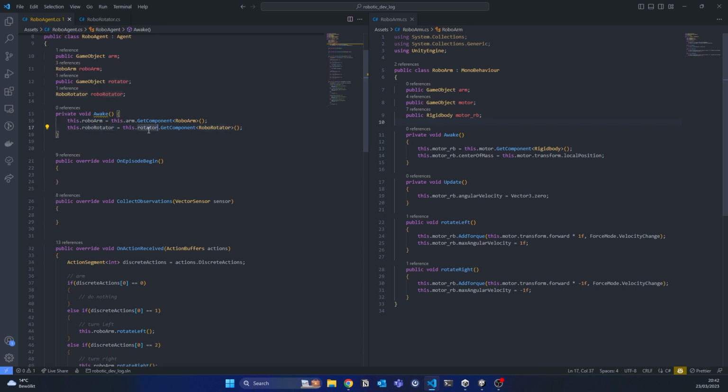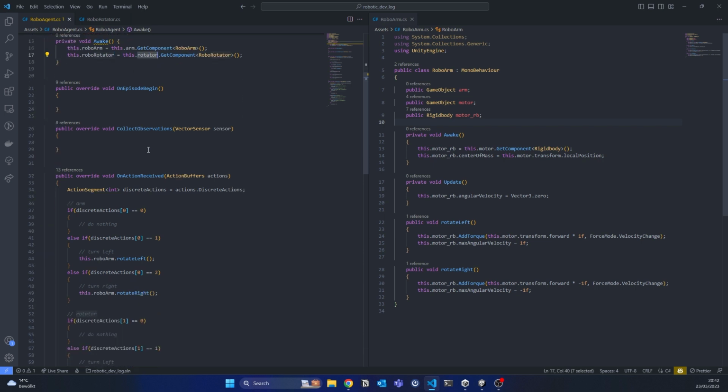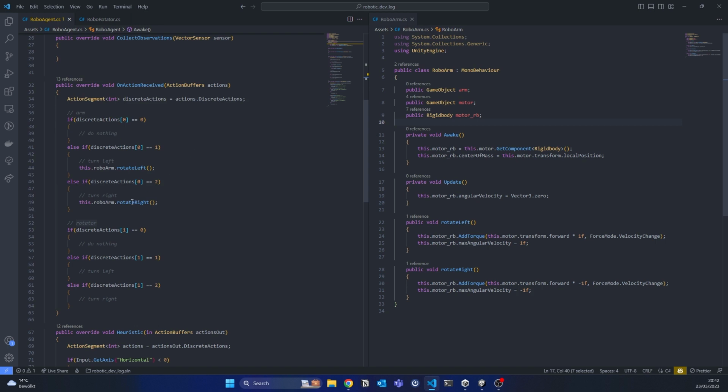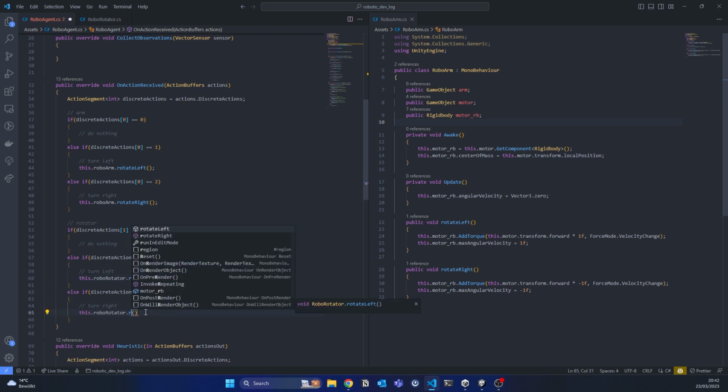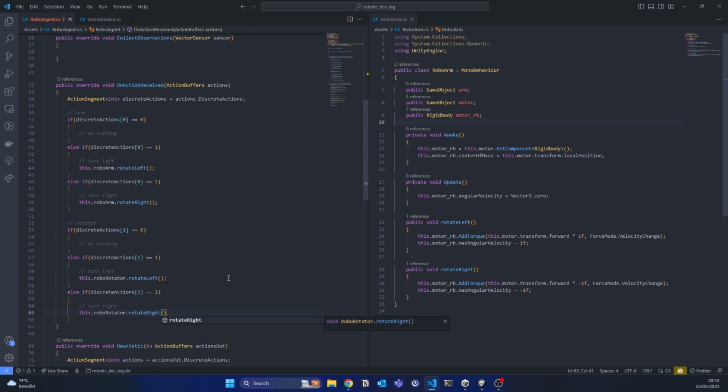Okay. And then down here we want to do a similar thing. This dot robo rotator dot rotate left, and here we want to do the opposite. Rotate right.